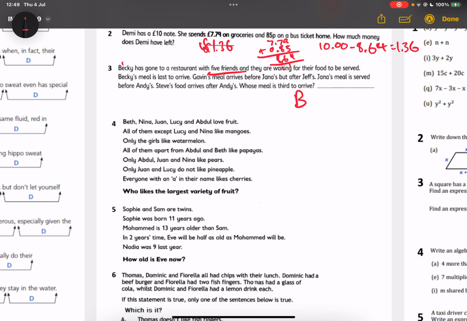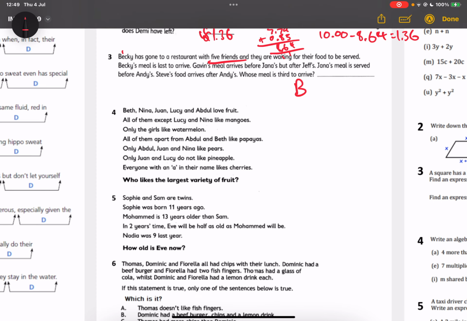Then Gavin's meal arrives before Jana's, but after Jeff's, so Jeff, Gavin, Jana.